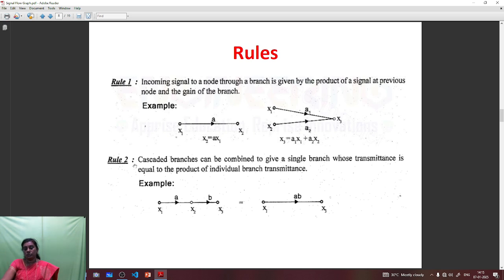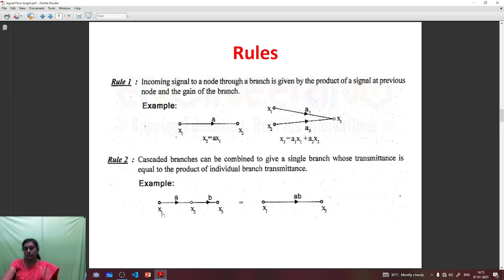And the next rule is, cascaded branches can be combined to give a single branch, whose transmittance is equal to the product of the individual branch transmittances. So here we are having two cascaded branches. Here each branch has the gain A and B respectively. So we are going to combine this cascaded branch into a single branch.